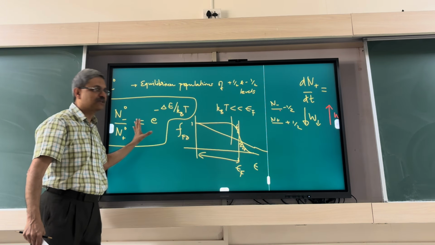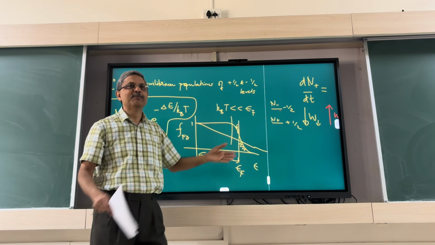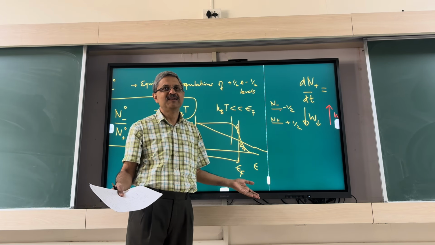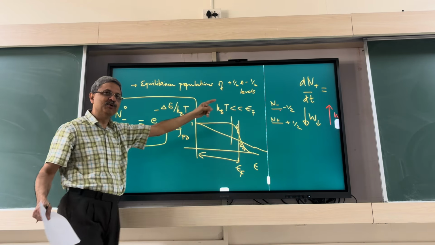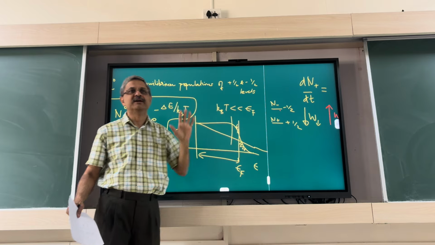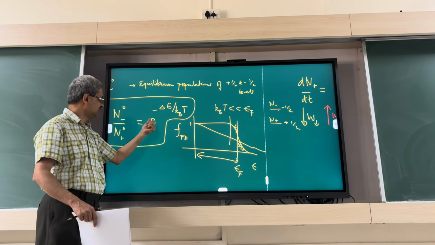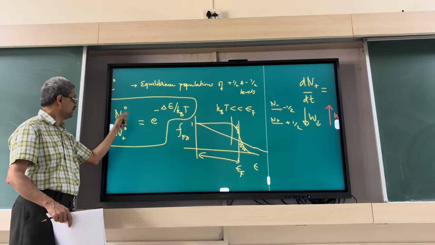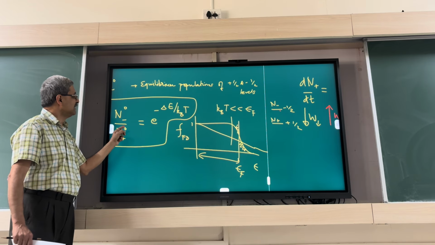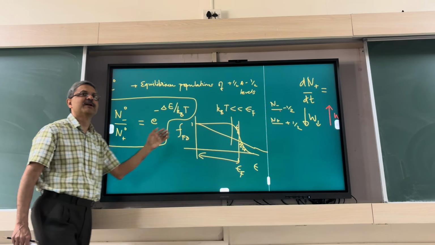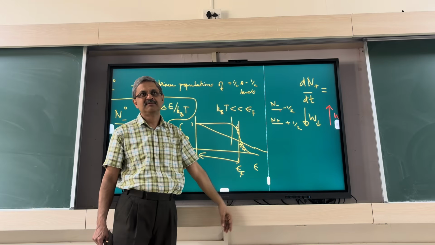So the end point is clear. If we had the rates equal, then the populations would become equal, like before, but we know that's not the end point. So W up and W down have to be different. Given the condition that n0 is the equilibrium population ratio, we'll find out what W up by W down is.